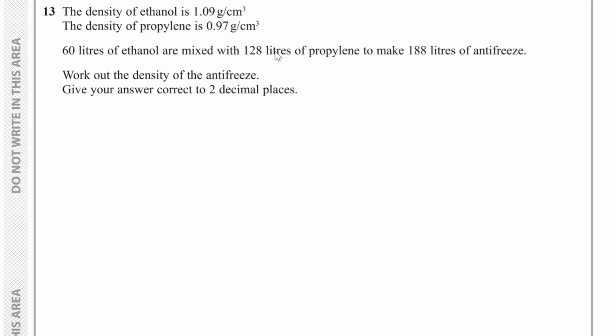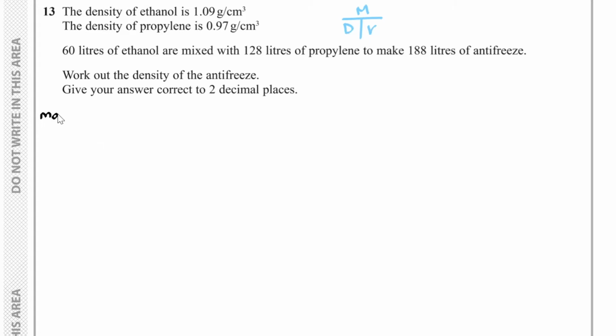Well, what connects the density, the mass and the volume is this formula here. Density is equal to mass over volume. So with this, we've been given the density of ethanol, we've been given the volume of ethanol, so therefore we can work out the mass of ethanol by multiplying the density and the volume.